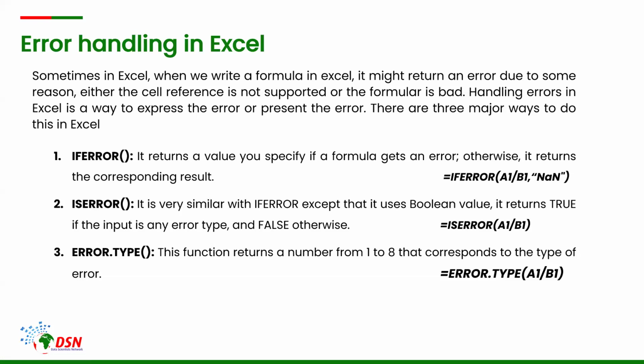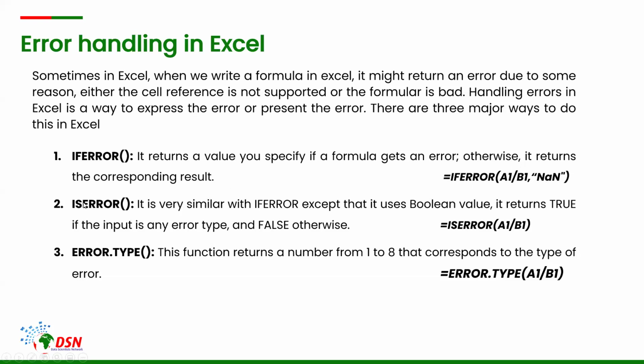It can actually allow us to modify the error. So this is how it works. You say IFERROR, then open a bracket. The logic goes first, followed by what you want to happen if it is actually an error.